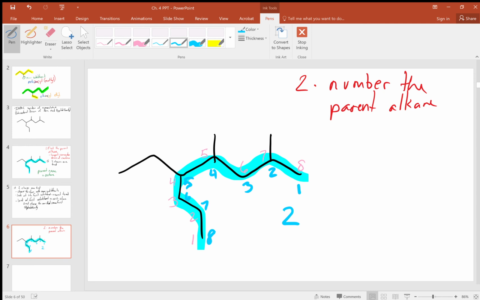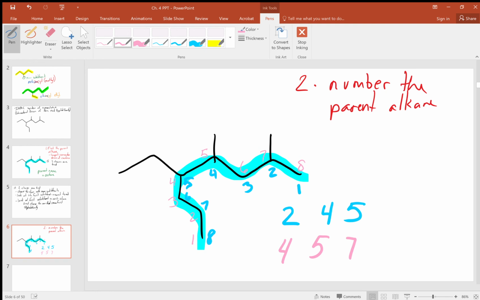The second substituent is on the fourth carbon. And the third substituent, because we have a total of 3 here, is on the fifth carbon. If we look at the pink numbers, our first substituent is on the fourth carbon. Second substituent is on the fifth carbon. And third substituent is on the seventh carbon.